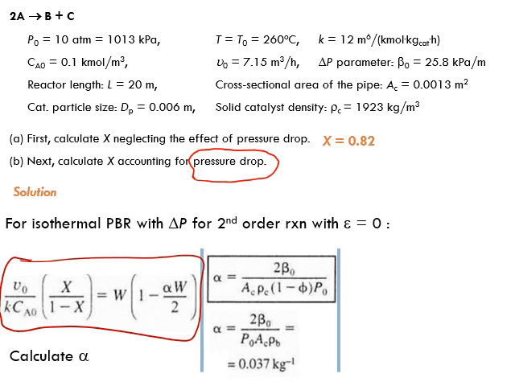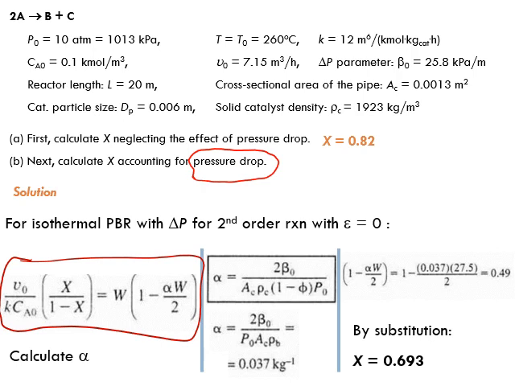Now let's calculate X. Okay, so the resulting X is only 69%. Why is that? Why, when we have pressure drop, is the conversion lower? You know that answer, right? You know the story of pressure drop and the rate law, right? Because when you have pressure drop, the pressure decreases down the length of the reactor.